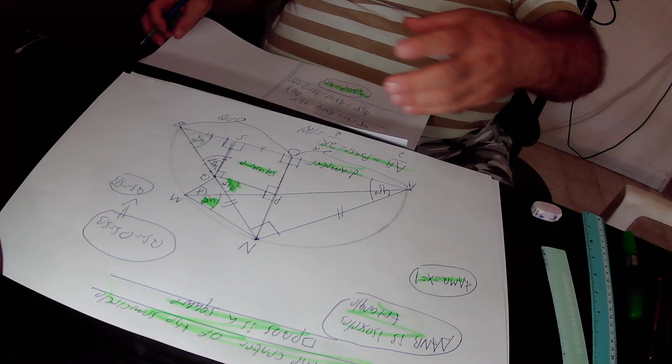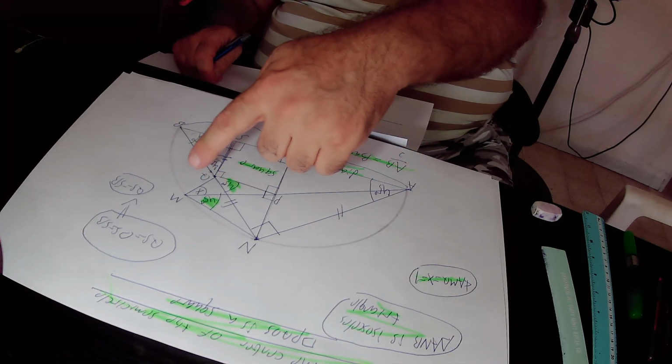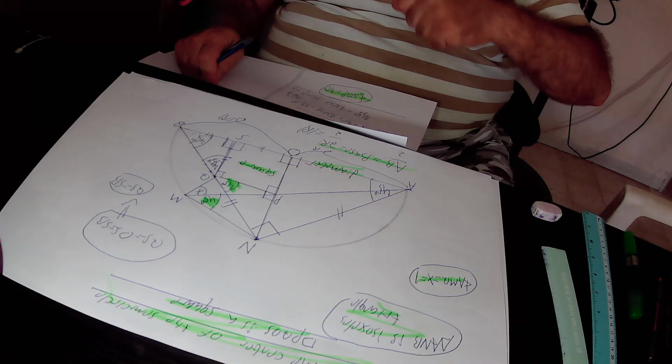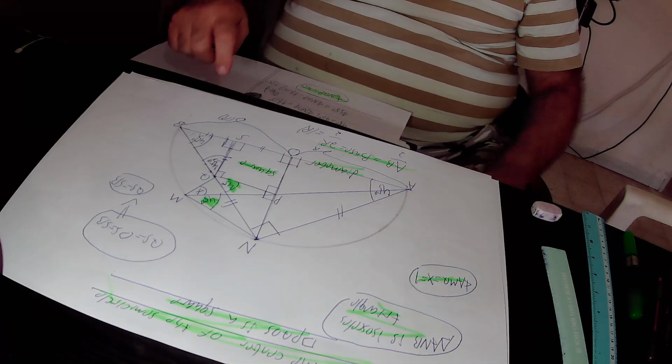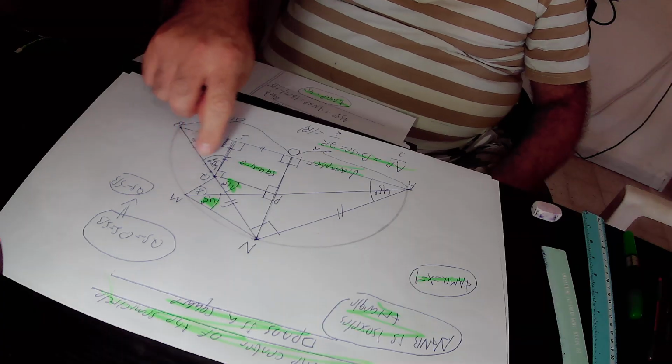So we can block this quadrilateral NMQP by a circle.